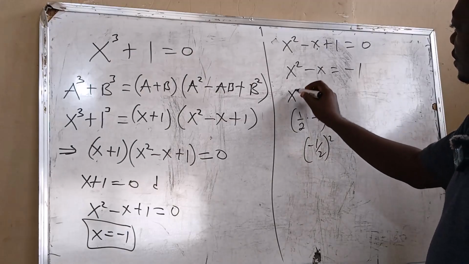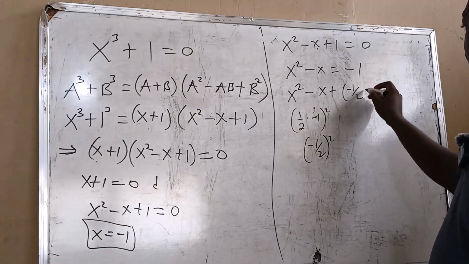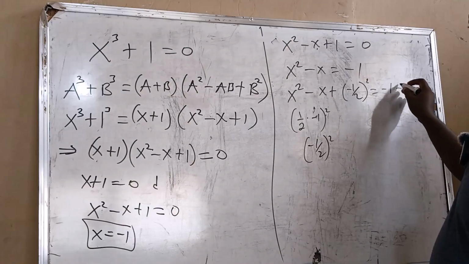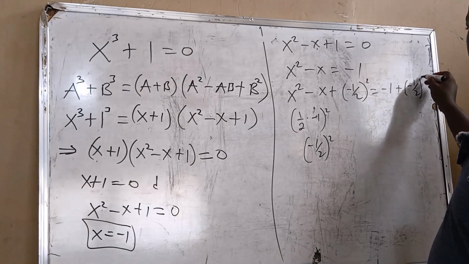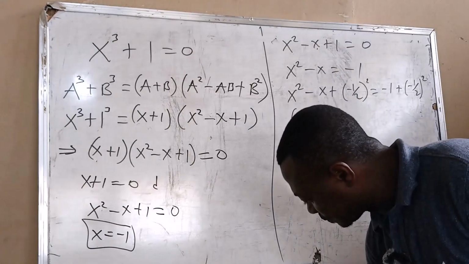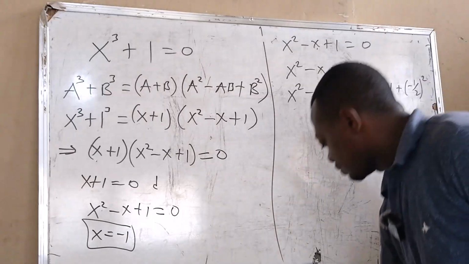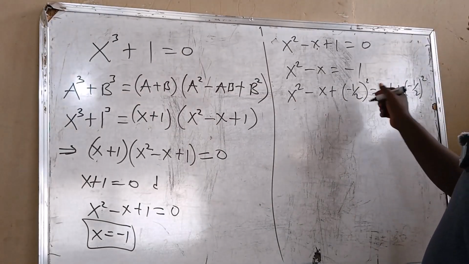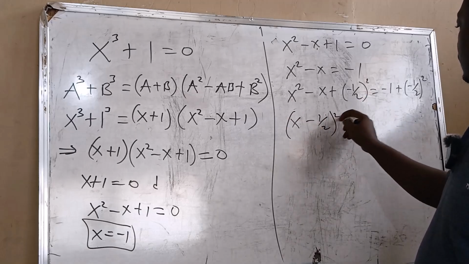So x squared minus x plus -half squared, because -1 plus -half squared. All right. Now from here, x minus half all squared.